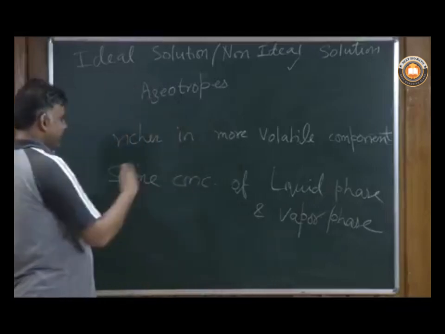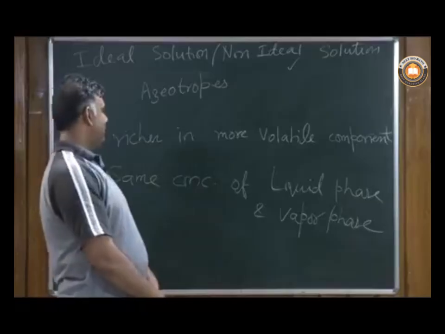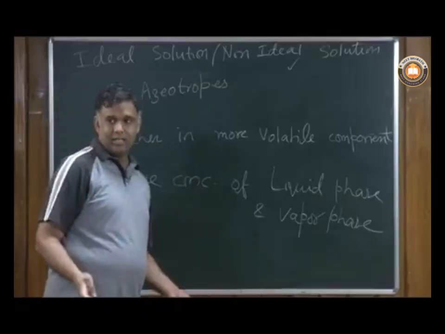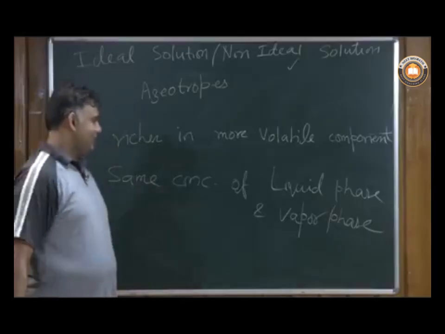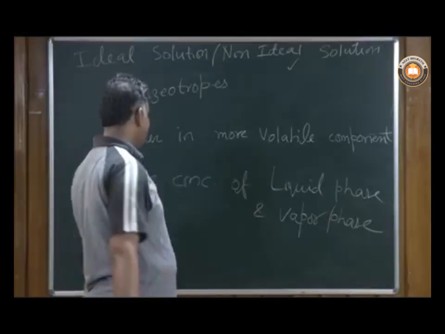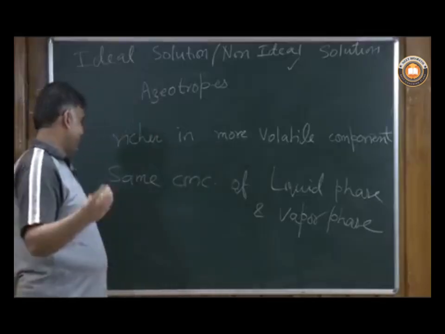And it is clear, if there is no difference between the concentration of the liquid phase and the vapor phase, and I just collect the vapor phase, the condensate is going to give me the same concentration as the liquid phase, and I cannot separate A from B.